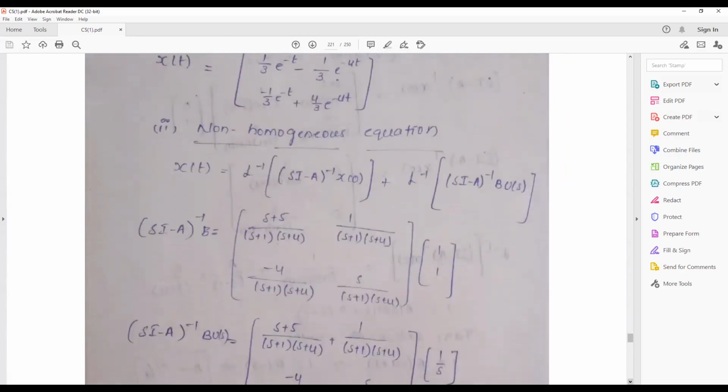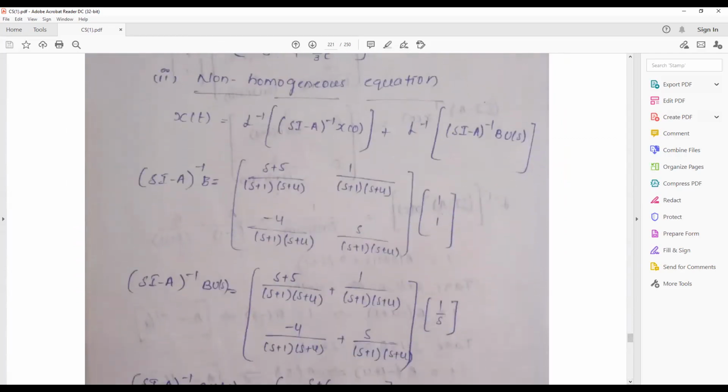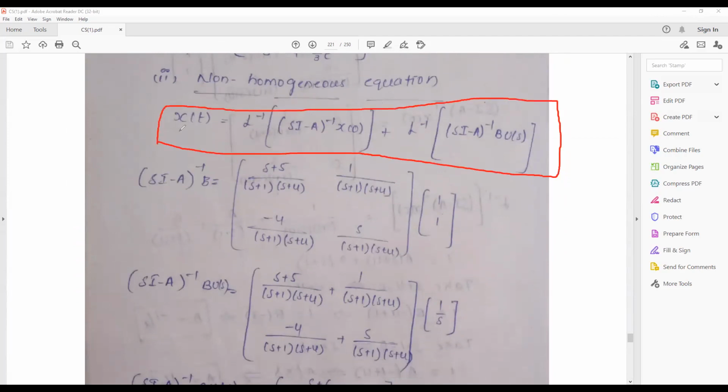The non-homogeneous equation. What is the formula of the non-homogeneous equation? Laplace inverse of (sI minus A) whole inverse into x of 0, plus Laplace inverse of (sI minus A) whole inverse into B into U of s.